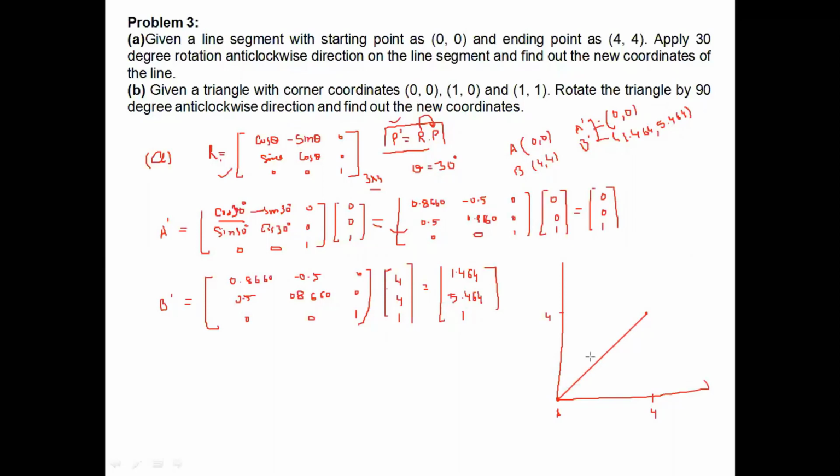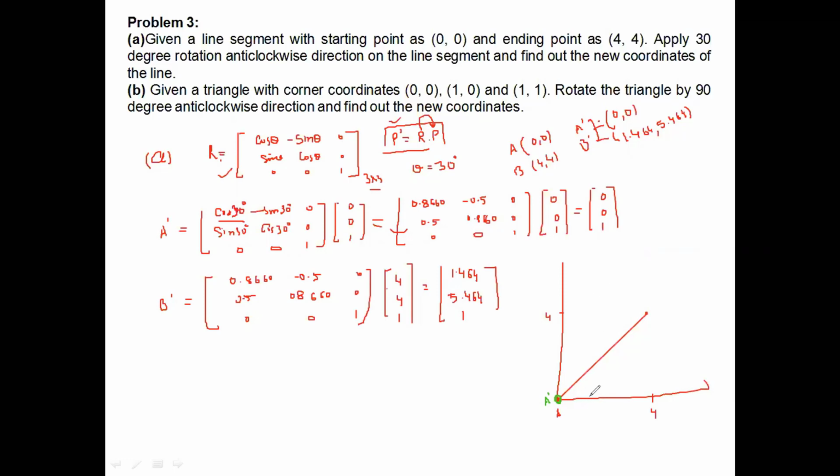Now after rotation by 30 degrees, the new points are 0 0, that is your A dash, and the new point B dash is 1.464.